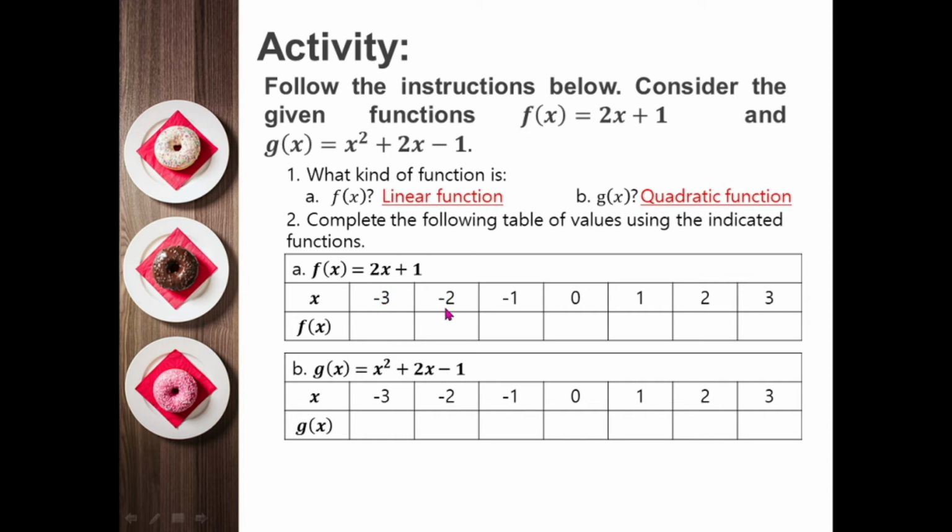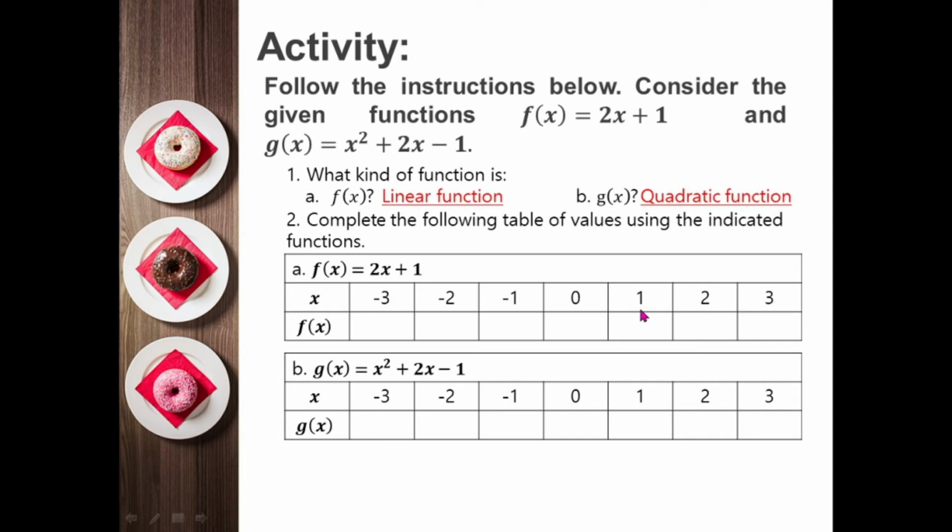If x is equal to negative 2, therefore we have 2 times negative 2, so we have negative 4 plus 1, so we have negative 3. If x is negative 1, we have 2 times negative 1, so we have negative 2 plus 1, so we have negative 1. If x is 0, therefore f of x would be equal to 1.